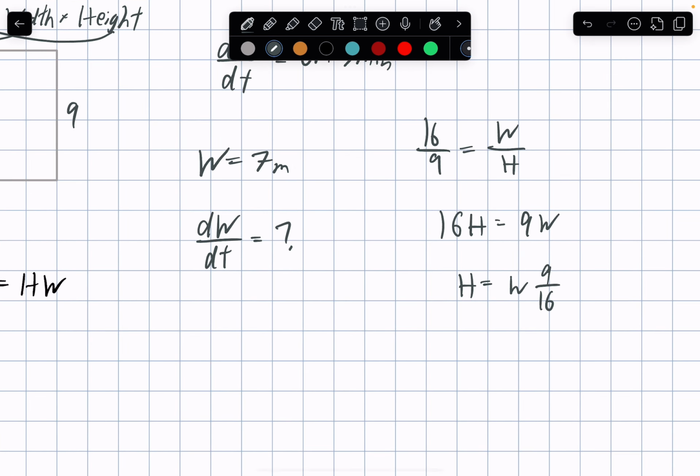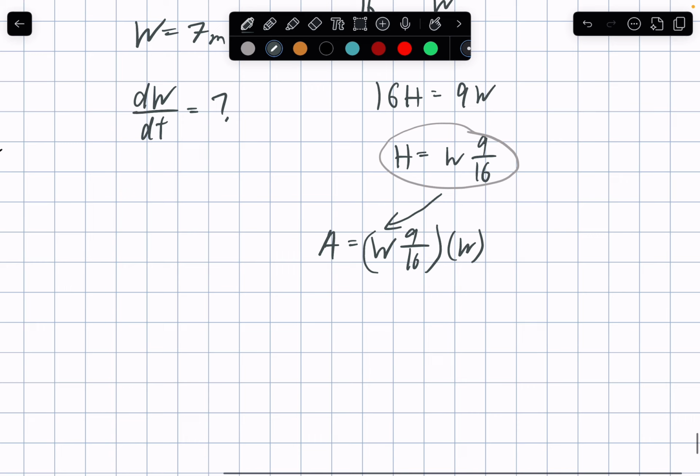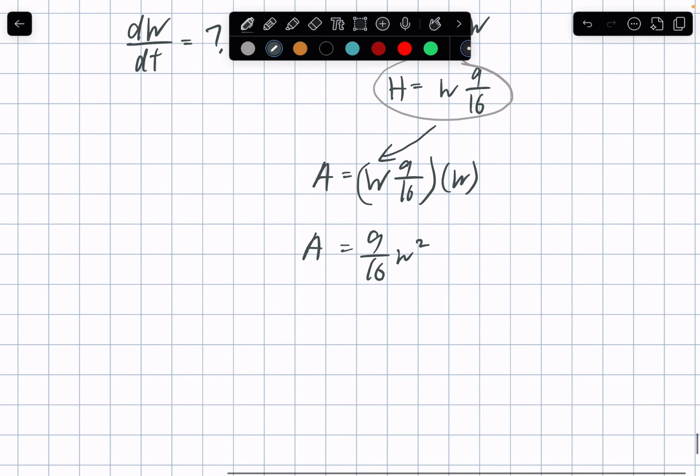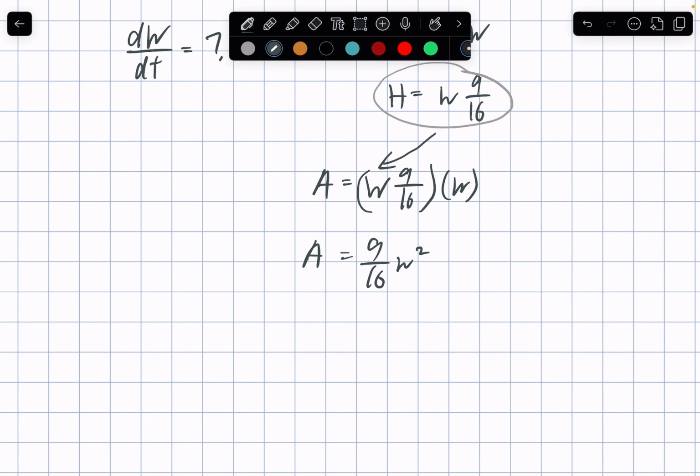Let's use that. So the area again is equal to hw, right? But if we substitute h as w times 9 over 16, we'll have something like this. 9 over 16 w squared is equal to A. And now we find the derivative, dA over dt. Sorry, give me some time to think.